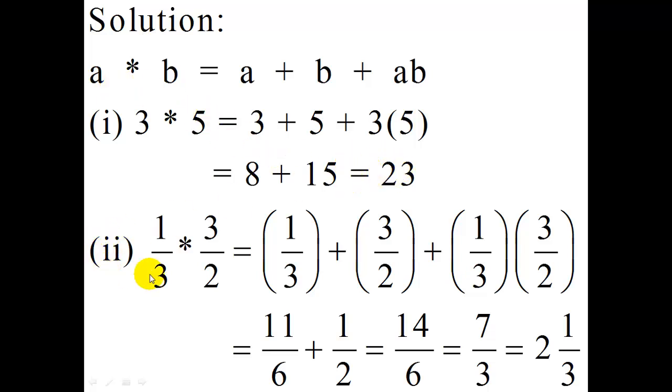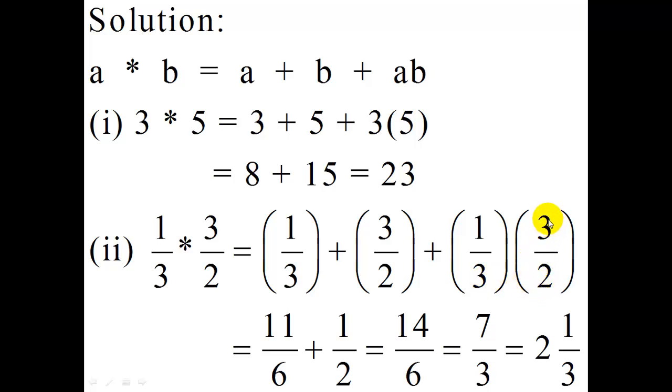Now, 1/3 operated on 3/2. So A equals 1/3 and B equals 3/2. By substitution, we have 1/3 plus 3/2 plus 1/3 times 3/2. Now 1/3 plus 3/2 is equal to 11/6, plus, when we multiply 1/3 by 3/2, the result is a half.